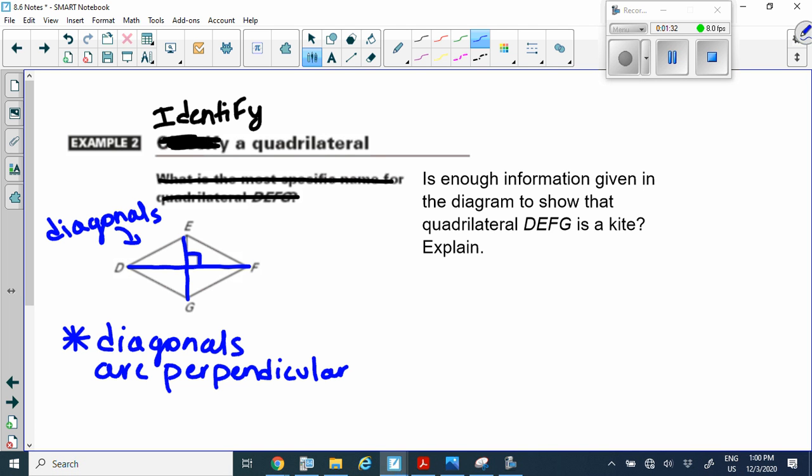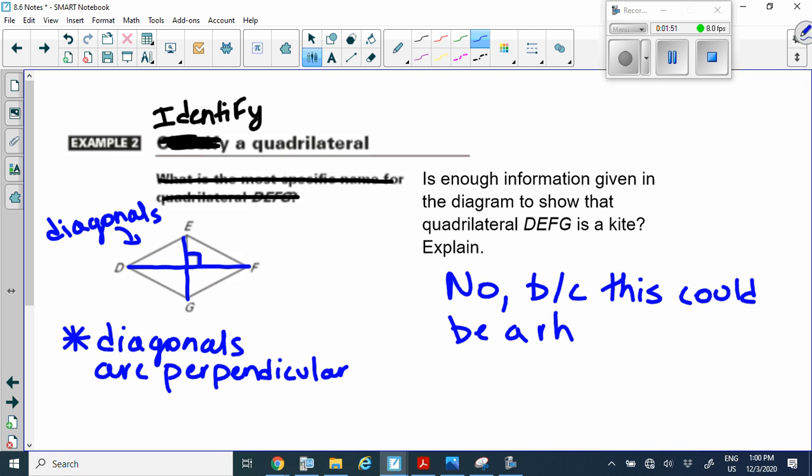So we're only given this one piece of information. Can we automatically assume this is a kite? No. Okay, so there is not enough information given in the diagram. And the reason is because this could be a rhombus, since those diagonals are also perpendicular.